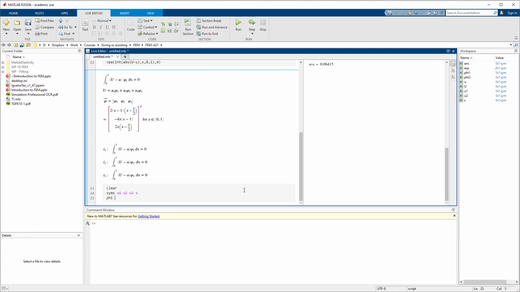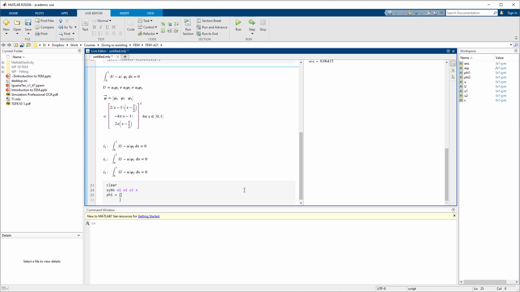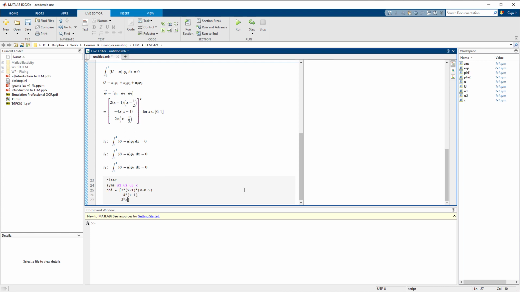I'm going to do phi is equal to, and I'm going to create a list of these equations, like so. 2 times parenthesis x minus 1 times open parenthesis x minus 0.5, and then the next one down here, which is going to be minus 4 times parenthesis x minus 1, and the next one here, 2 times x minus 1/2.